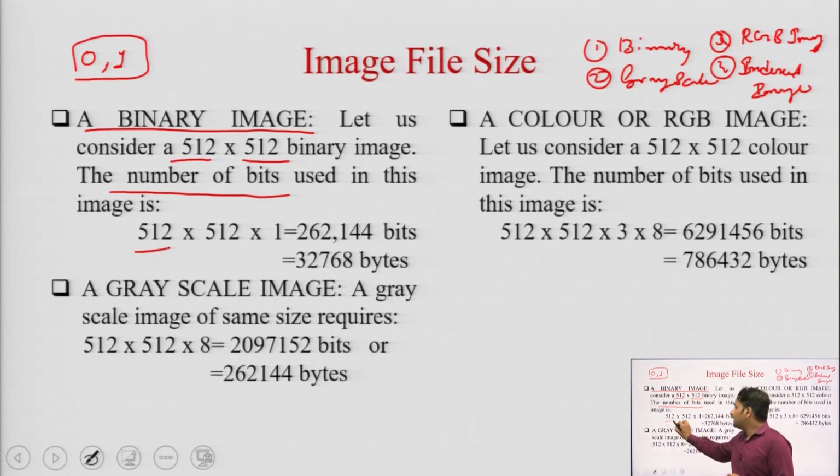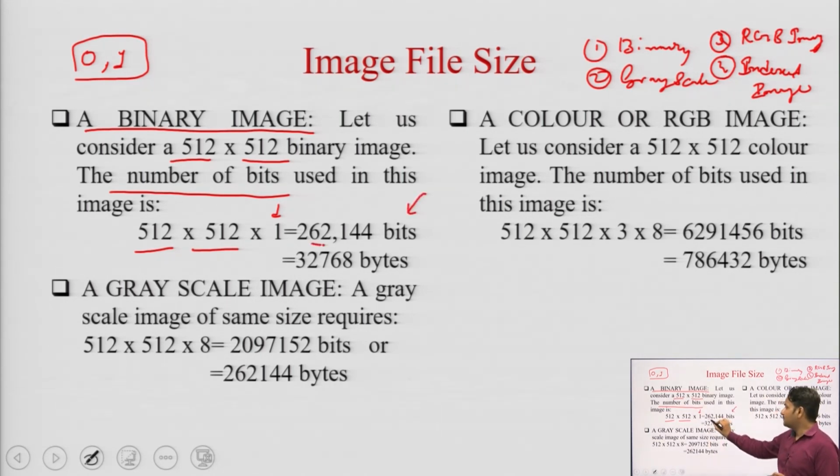So, 512 multiplied by 512 into 1, that is the size of your binary image. So, it comes in bits in this manner, and if we talk about bytes, that is up to 32 megabytes.